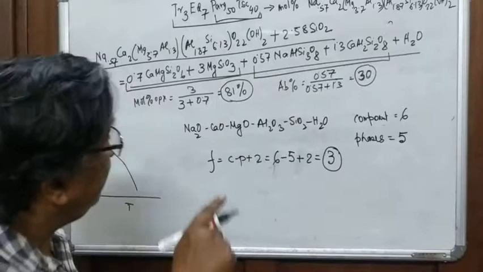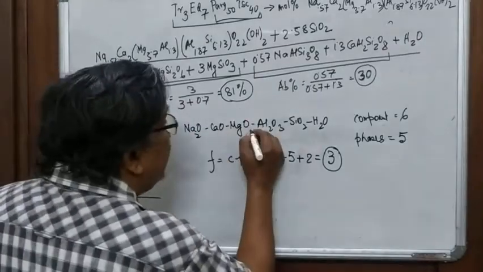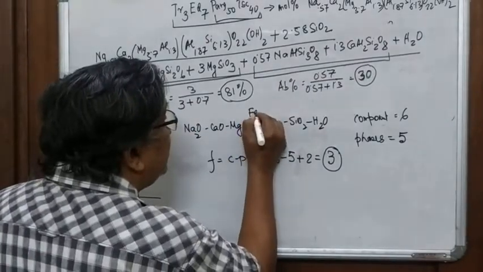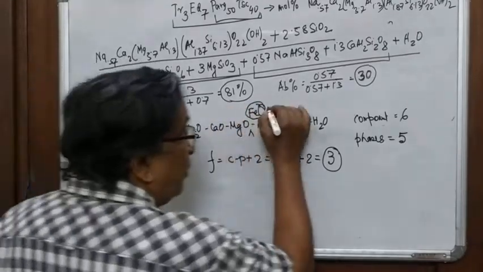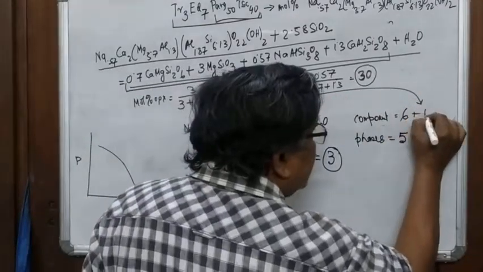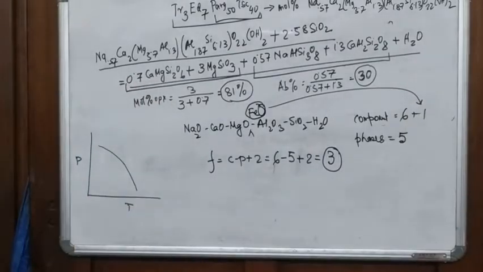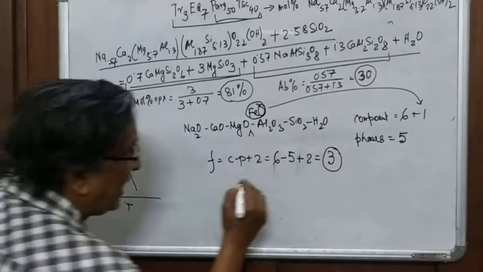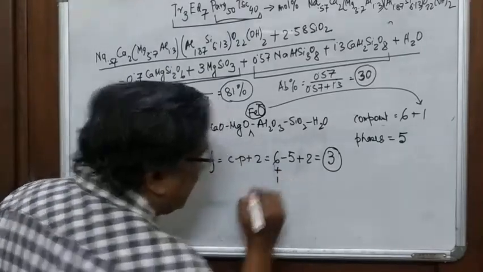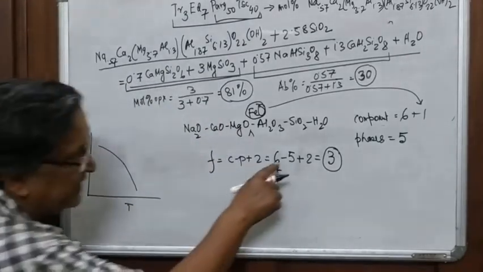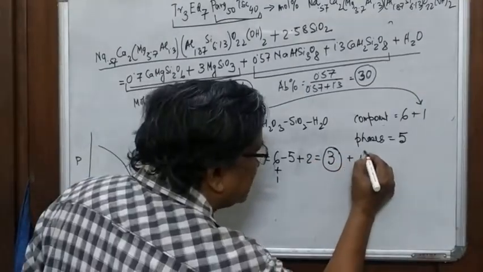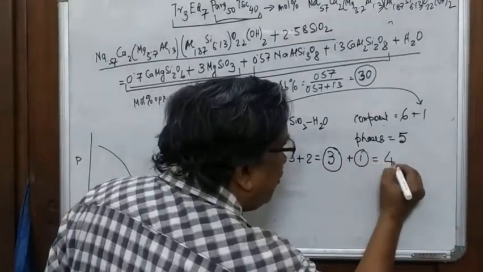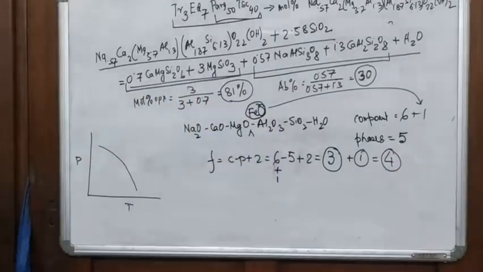And remember, here we have neglected a very important term, which is FeO. If you take FeO and add it here, then the components should be plus 1, but you will not increase the number of phases. So this will be 6 plus 1 minus 5 plus 2, which is equal to 4. So you should have a total of 4 degrees of freedom.